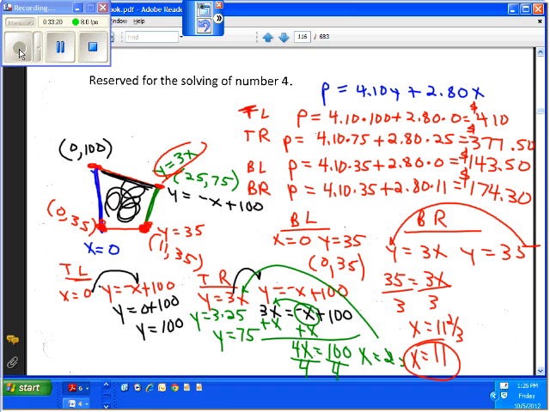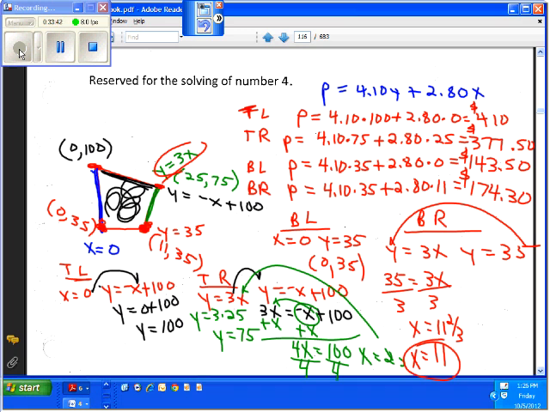$174.30. So given all that information, we can reach the conclusion here that the worst they could do is make $143.50, and the best that they could do is make $410. And then what they'd need to do is look at time invested and say, okay, is this worth it for us?